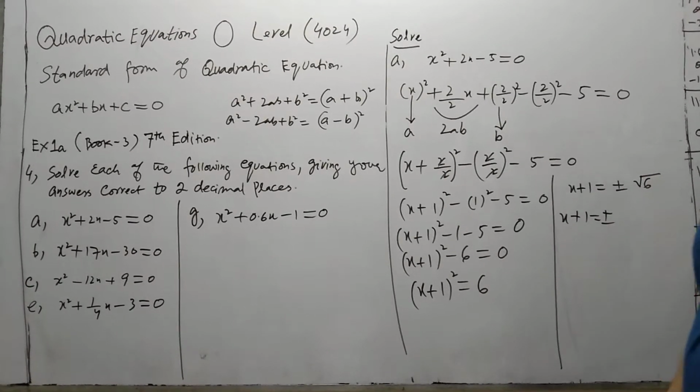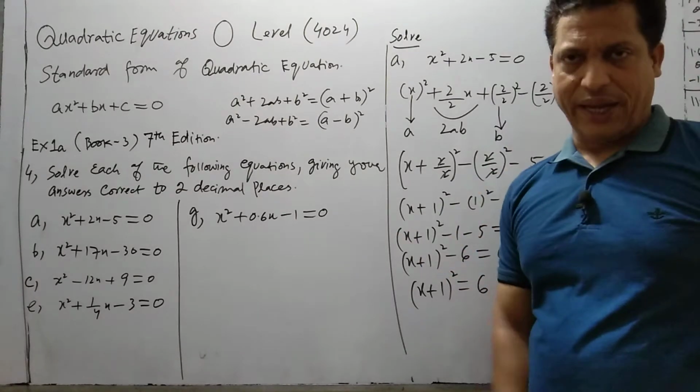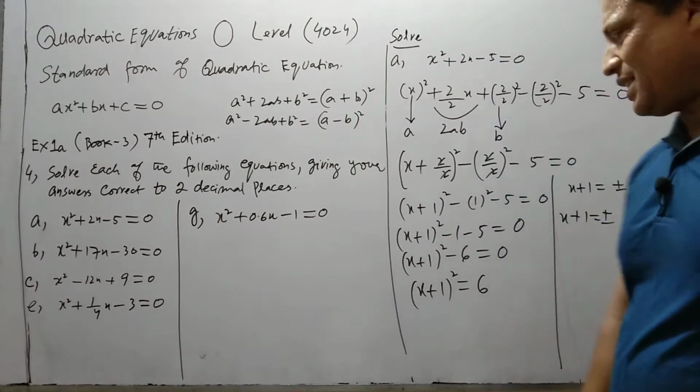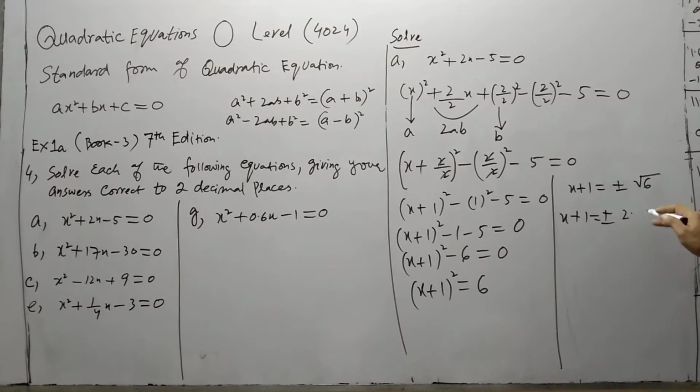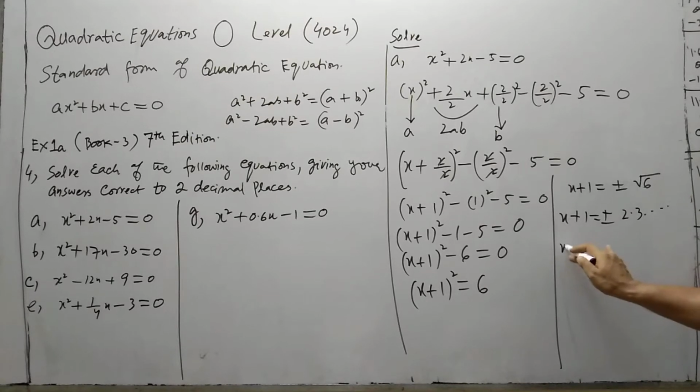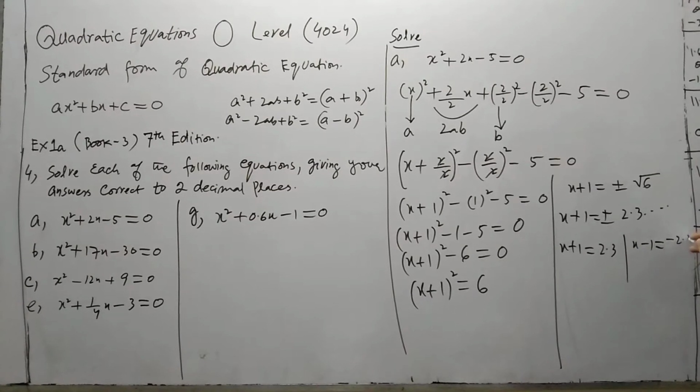What is root 6? Take help from your calculator, you will get root 6 as 2 point something, 2.3 and something is the answer. So x plus 1 is equal to 2.3 in the plus case, and x plus 1 is equal to minus 2.3.